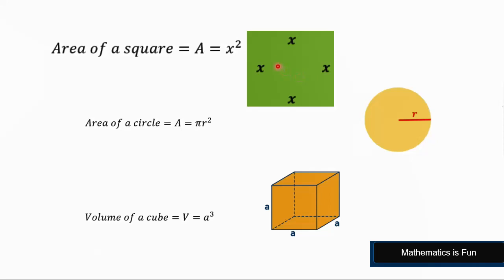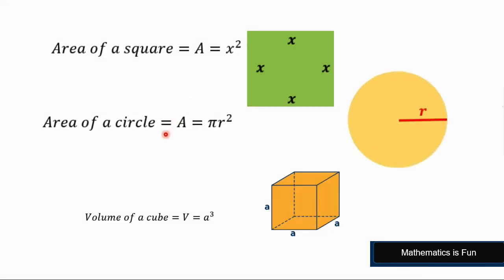So here we need only one value to get the area of a square, and this one value is the length of each side of the square. In the next example, we have the area of the circle, which is pi r squared, and r is the radius of the circle. Just like the previous example, here we need only one value to get the area of the circle.